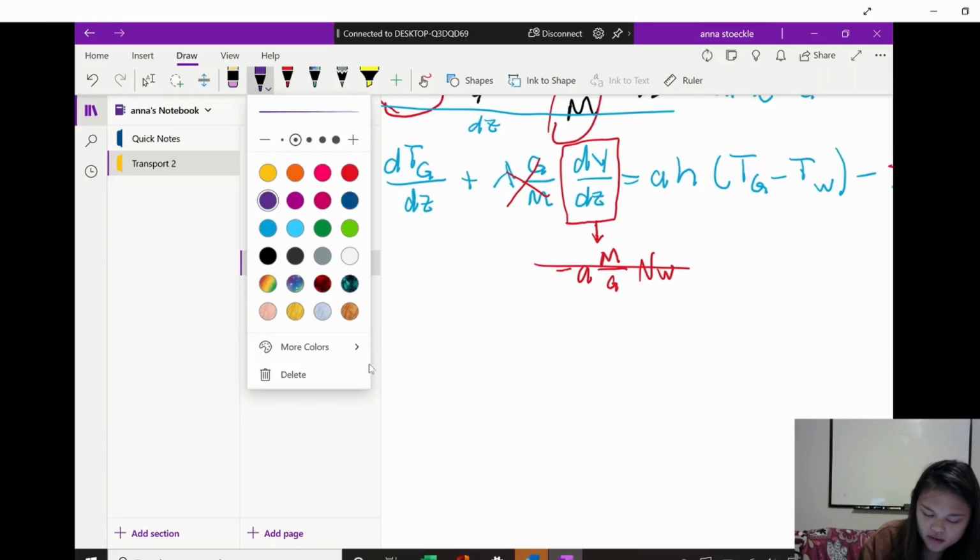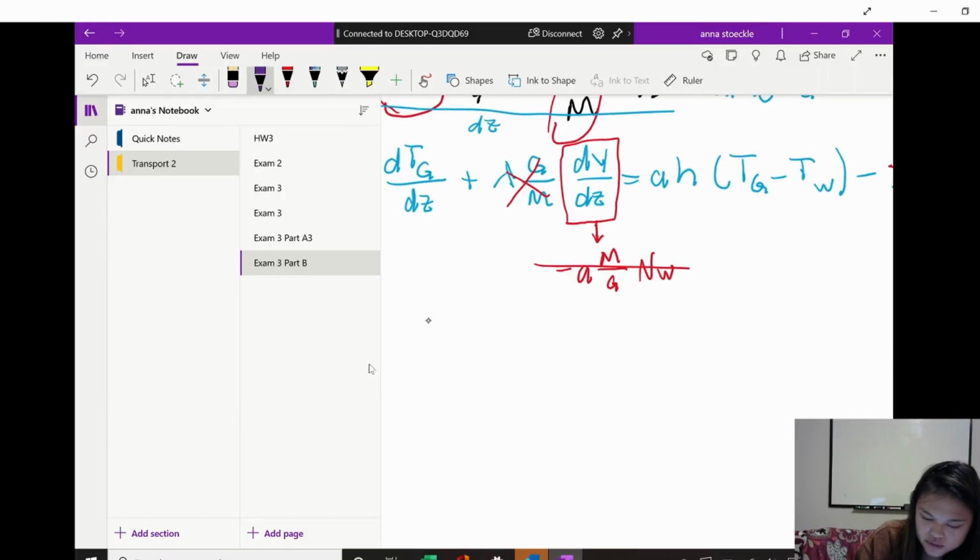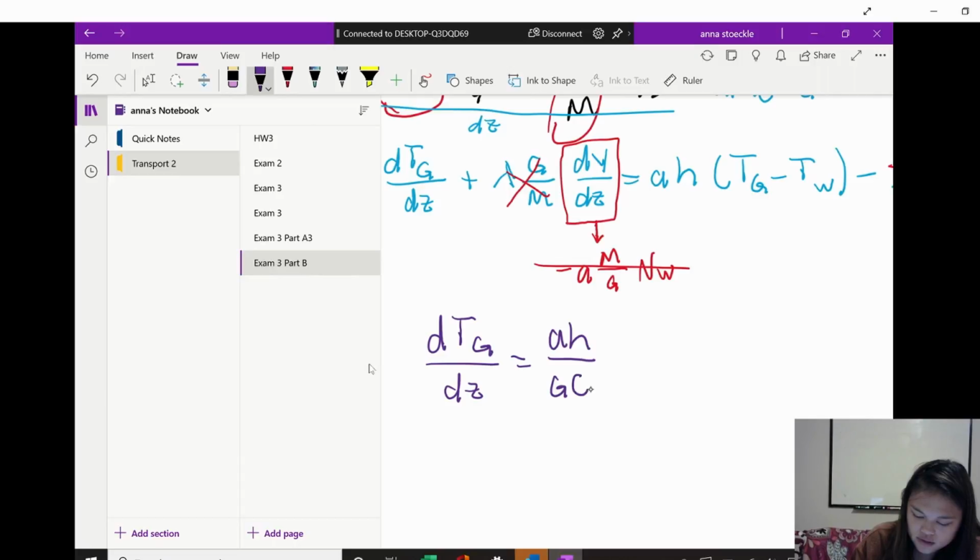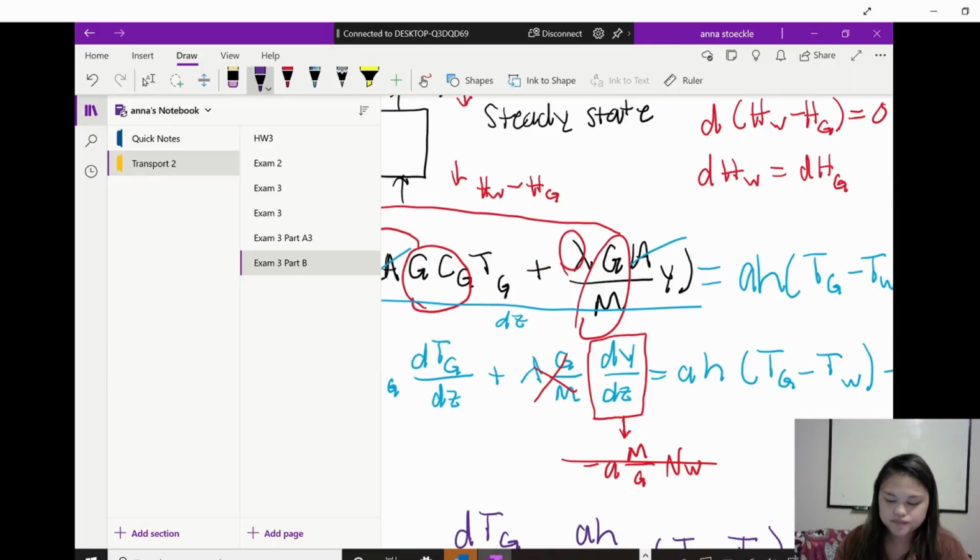We're left with a final equation that's simplified to the differential in temperature of the gas over the distance z, specific area, heat transfer coefficient, gas over the gas flow rate, the heat capacity of the gas, multiplied by that temperature driving force, the temperature of the gas minus the temperature of the water. So now we have those three differential equations.